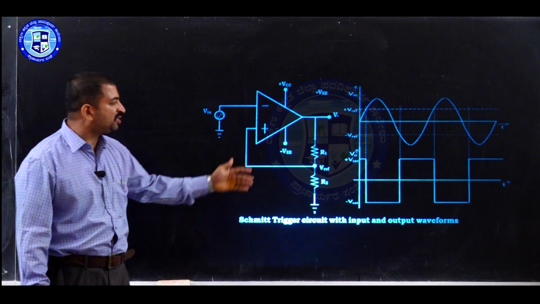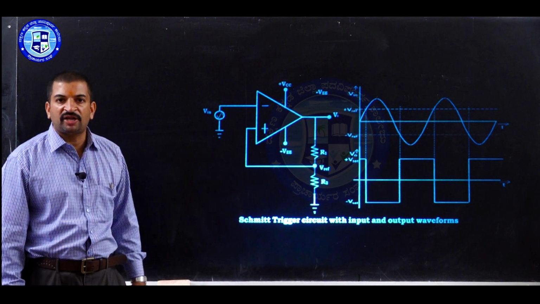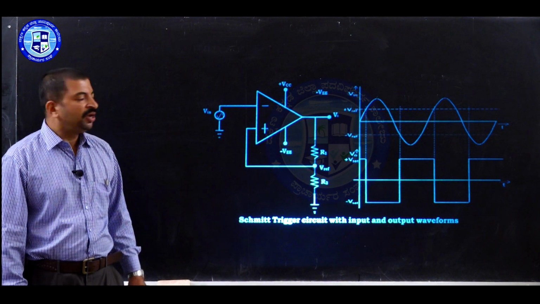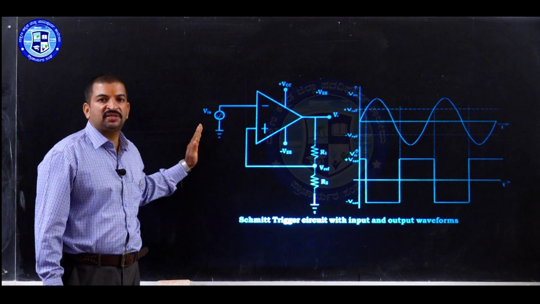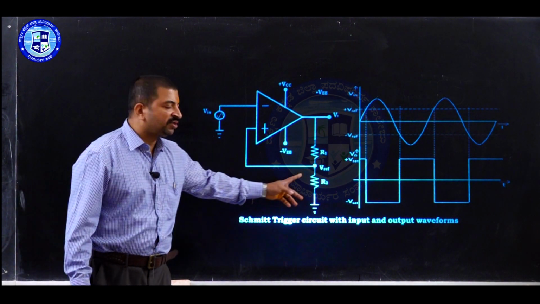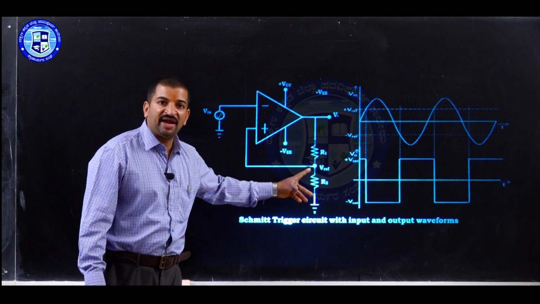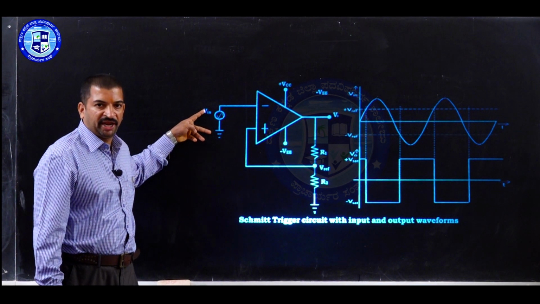And when the output voltage is negative, the voltage across resistor R2 is called the lower threshold voltage. Initially, when the input signal is increasing in the positive half cycle, the voltage across resistor R2 is the upper threshold voltage and it is greater than the input voltage.